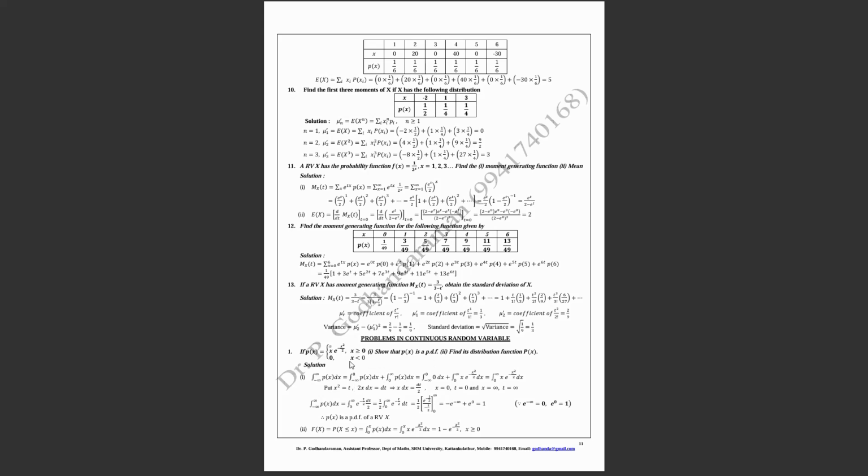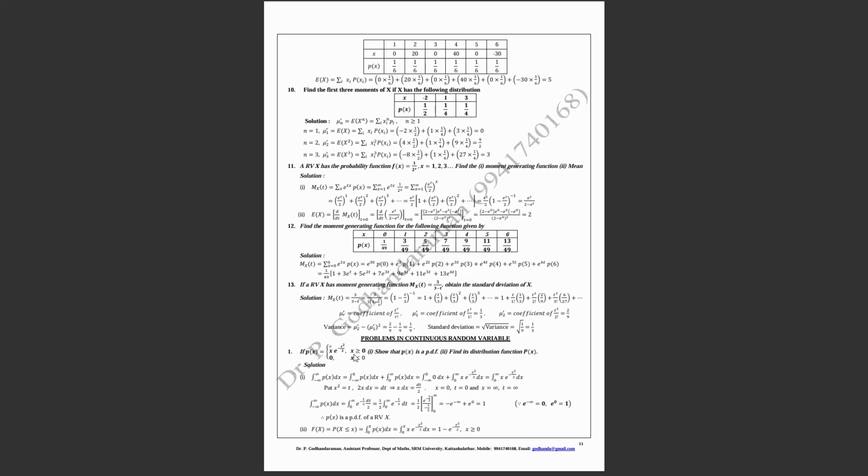First of all, we check the PDF. The formula is the integral from minus infinity to plus infinity of P of x dx equal to 1 if it is a probability density function. Given the limits, we can take it as two integrals: minus infinity to 0 and 0 to infinity.